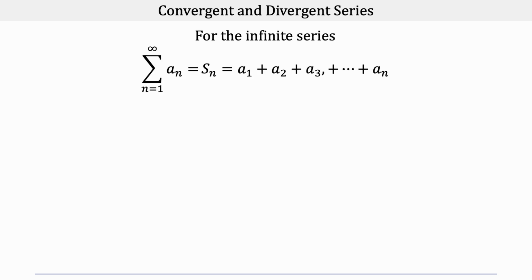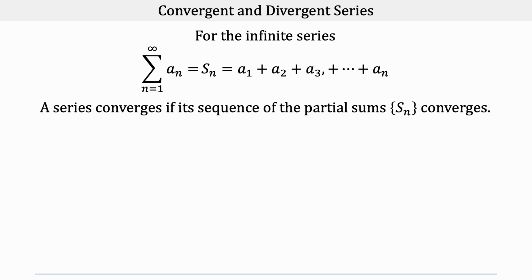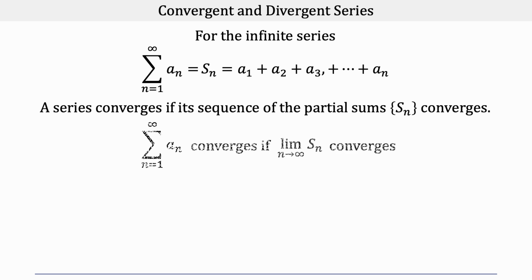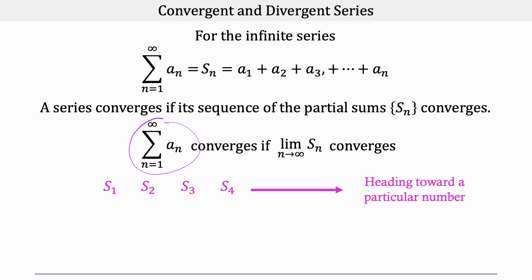Series, just like sequences, can also converge or diverge. So we have an infinite series. A series converges if its sequence of partial sums converges. So for example, if we have a series here, and we start listing its partial sums, the first partial sum, the second partial sum, the third, and so on, let's look at that sequence, because it's now a list of terms.